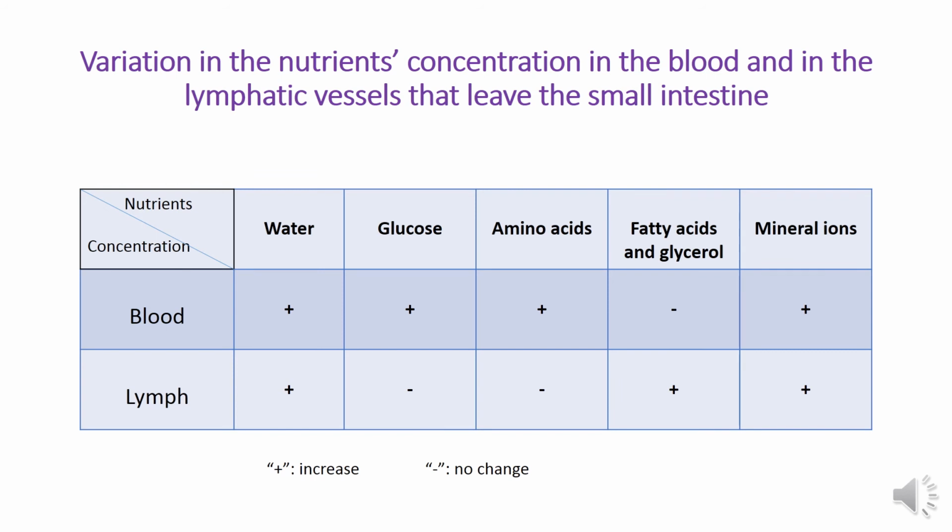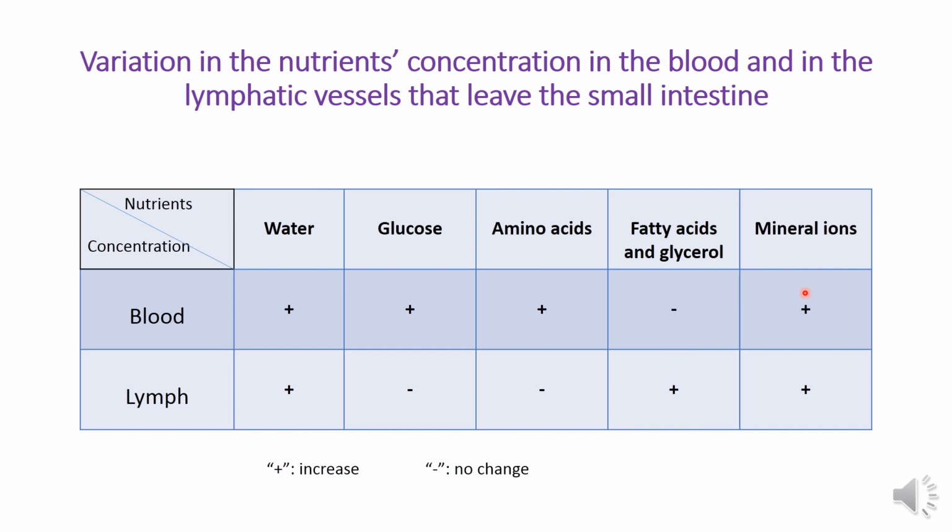Variation in the nutrients concentration in the blood and in the lymphatic vessels that leave the small intestine. This table shows where the nutrients pass after the absorption. Here, the concentration of water, glucose, amino acids, and mineral ions increases in the blood.